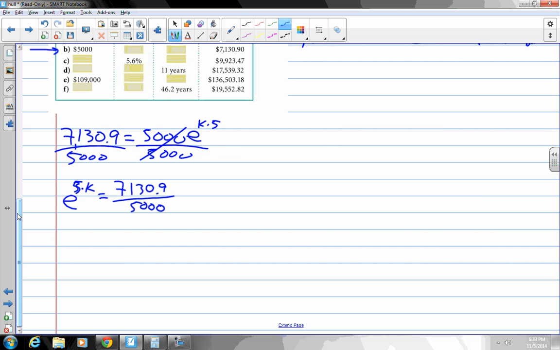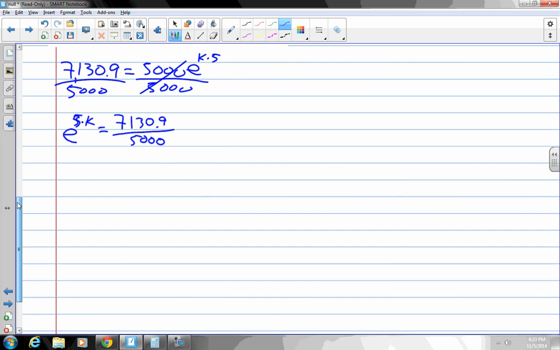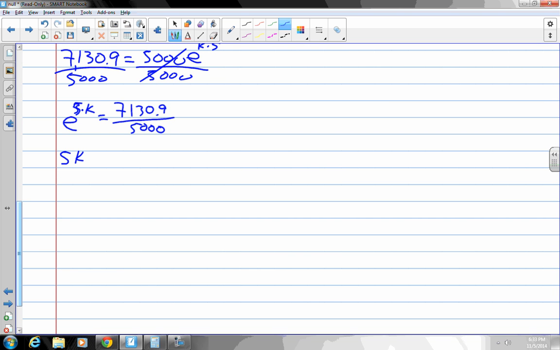So then I'll take natural log of both sides. So it kills the e on the left, leaves you with 5k. On the right, it's a natural log of 7130.9 over 5,000. Is that okay? And then just divide by 5. So that will be the rate.